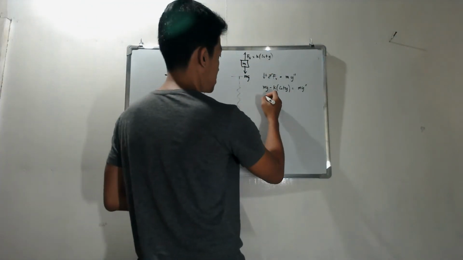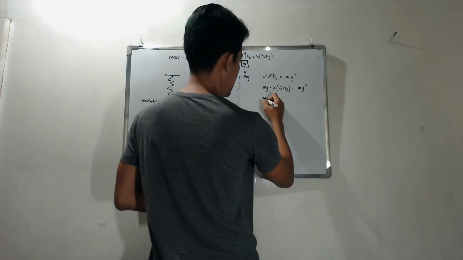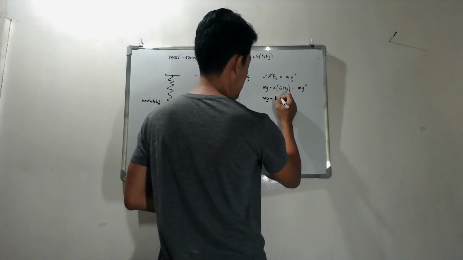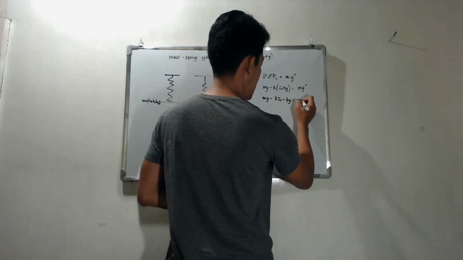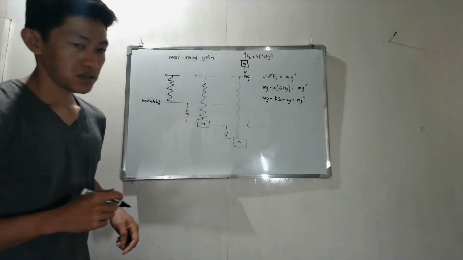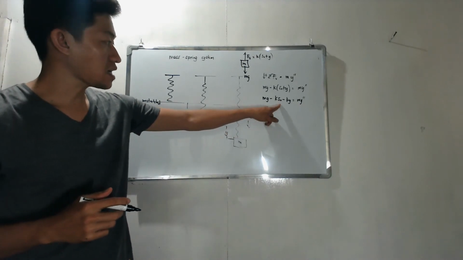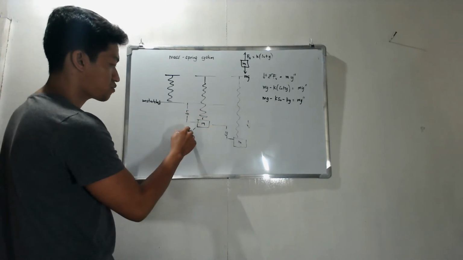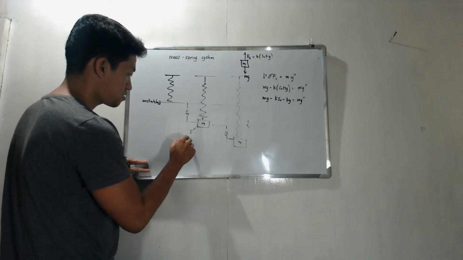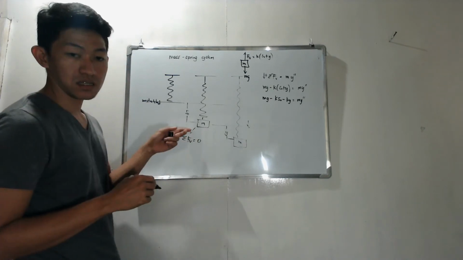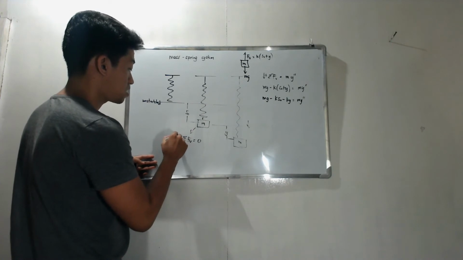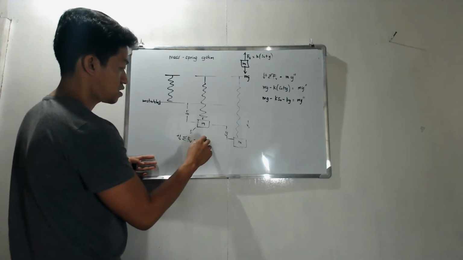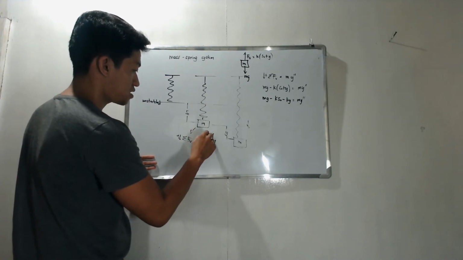So you have mg minus k S sub O minus k y. But based on this one, if we apply Newton's first law, since this is in equilibrium, there's no motion. So what are the forces involved here?